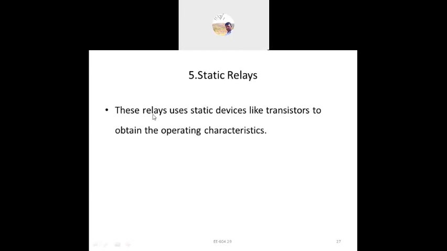Here the static relay uses devices like transistors; all electronic components are used in the static relay. In electromagnetic relays we have wire wound coils, in thermal relays we have the bimetallic strip, but in static relays we have transistors and ICs.